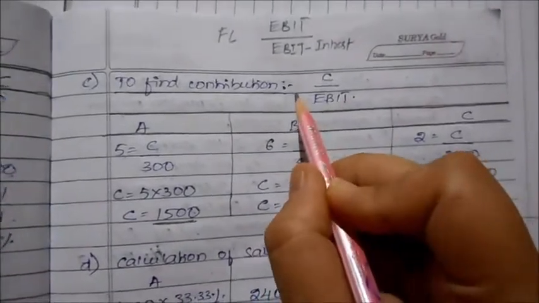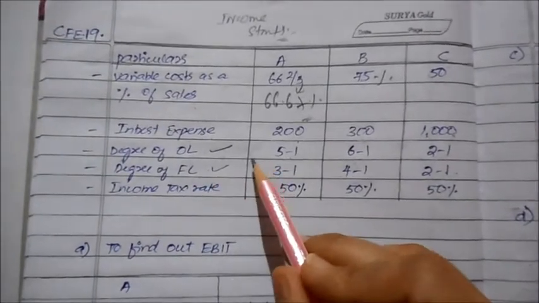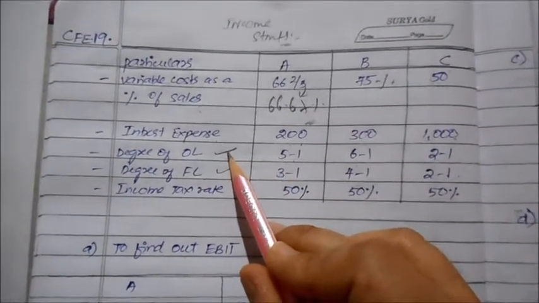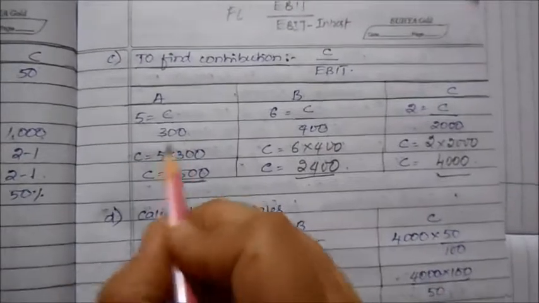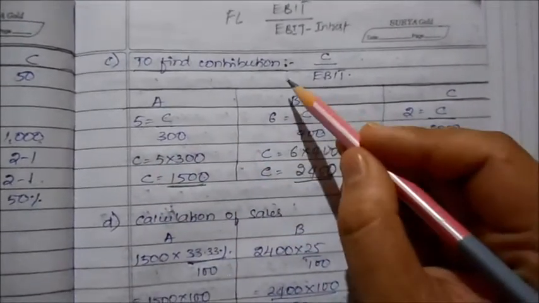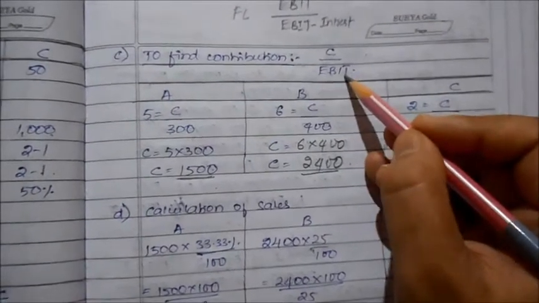Now to find contribution, we will basically use the operating leverage formula that is left. So financial leverage is already utilized. The only formula pending is operating leverage. So the formula is going to be contribution divided by EBIT, earning before interest and tax.